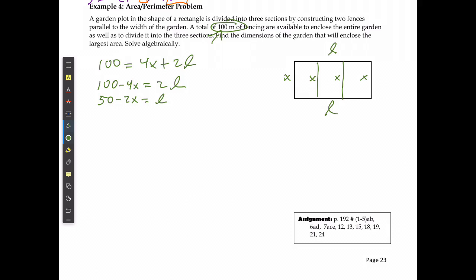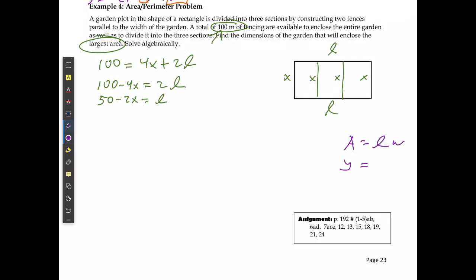Now, why did I do that? The reason is because I'm trying to find a maximum area. If I know that area is equal to length times width, and I know that anytime it says maximum or minimum, I want that to be my y, then I'm going to have to look at the other 2 things.